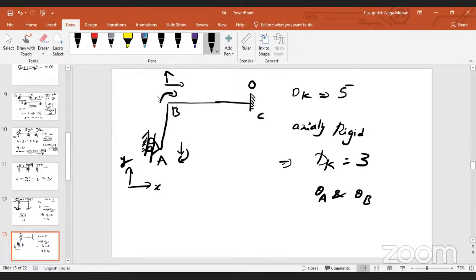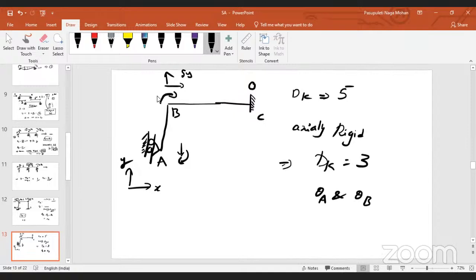Why are we considering only Y? Why can't I consider delta Y at B or delta X at B? Since the member is loaded at the point, that is why for BC and BA we don't have any axial displacements. Okay, that means I can say delta X, but what about delta Y?